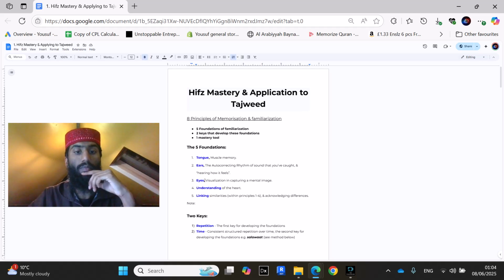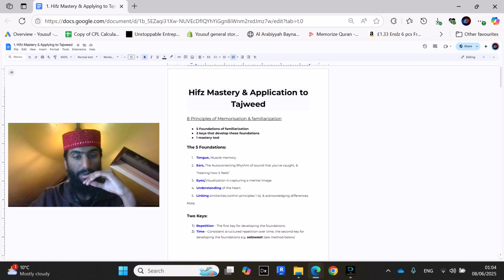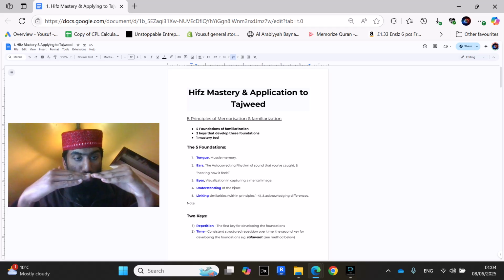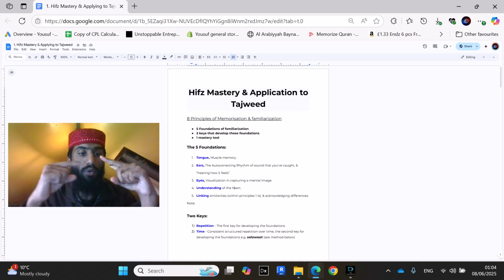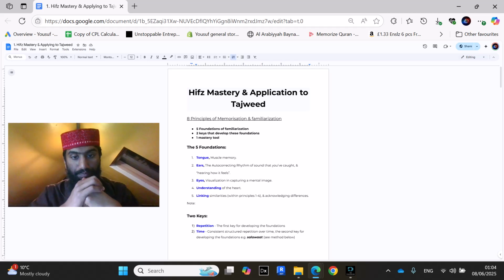For example, with the eyes, something might look the same as something else, but they may have differences, right? Linking between understanding can be making it into a story, where one understanding links to another understanding, links to another understanding, like a story. Okay, that's linking.